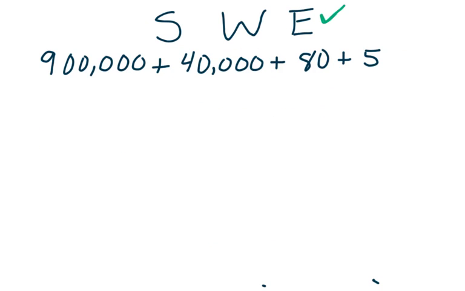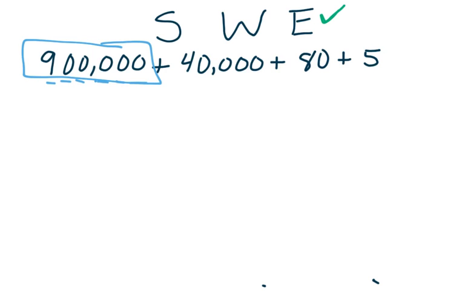Now, it's easy for me to tell how many places I need by looking at the greatest place value number, the number that's worth the most. In this case, I'm looking at my 900,000. That's telling me that there are going to be 6 place values that I'm going to have to fill in, because that's my greatest number I'm starting with.